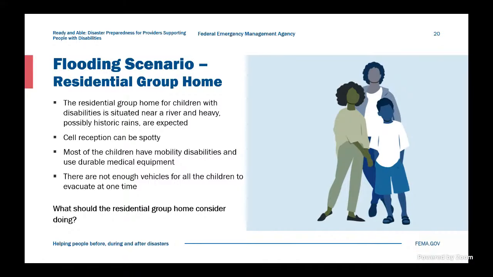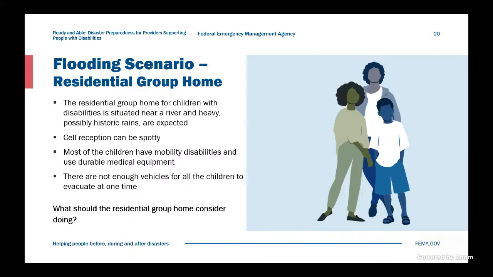I know this is potentially a new topic for many of you, but some of it can be common sense. That's what I like about emergency management: common sense applies a lot. I'll read the scenario and then you can start typing in the chat what you think the residential group home should consider doing, questions you have.